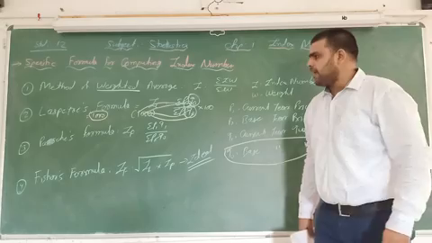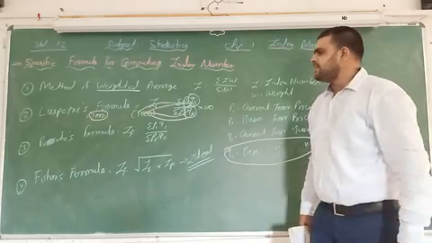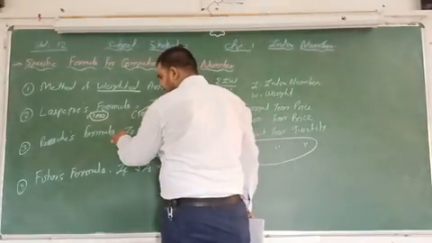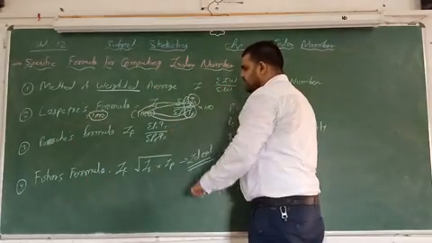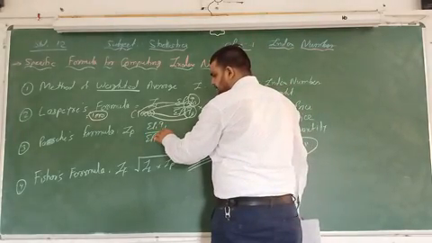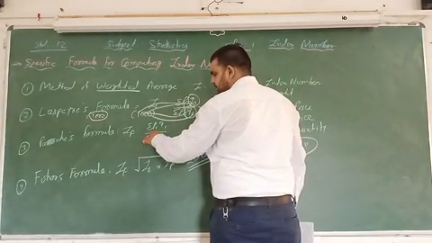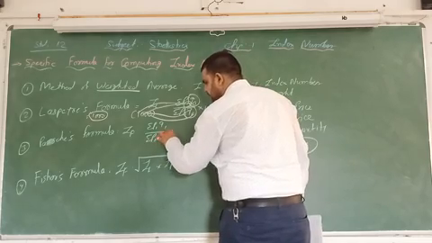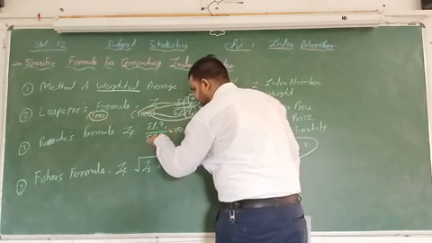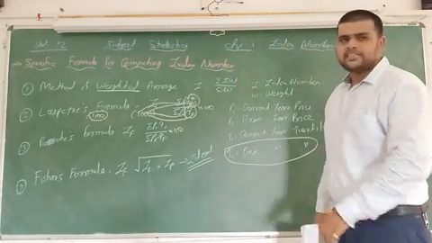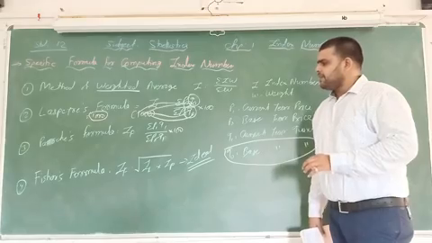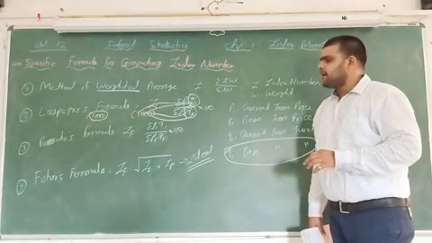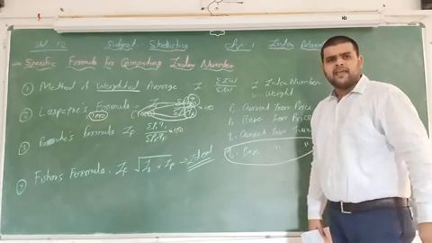Same as the second formula, Paasche's formula. Index number is I and P for Paasche. The formula is sigma P1 Q1 upon sigma P0 Q1 multiplied by 100.